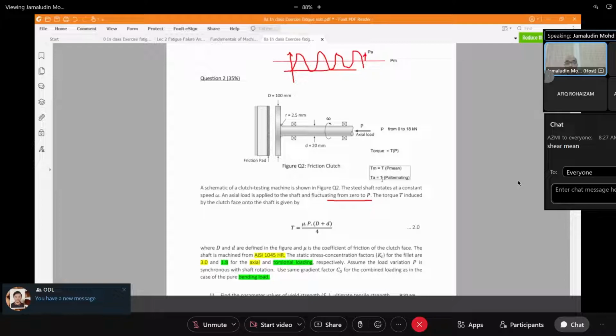That means there are two here, 1, 2. We have P alternating at a certain value. We have P mean. We have shear mean, tau mean, and when we insert P into the equation, we get the mean and tau alternating, PA.